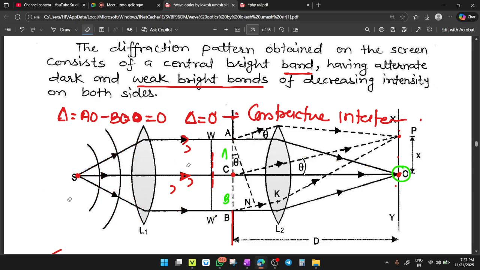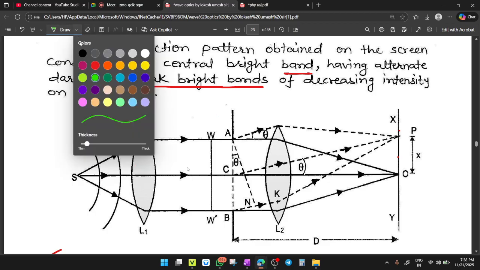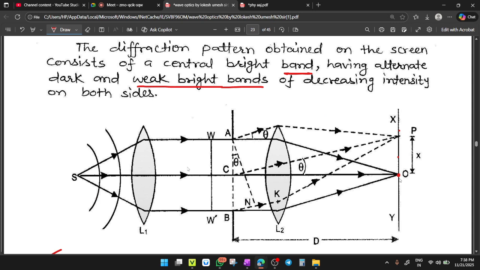Now, this was your previous situation. In the first case, when you have got your central maximum, the diffraction angle equals 0. Diffraction angle equal to 0 means the normal situation. The rays meet at the center and you will have a central maximum.